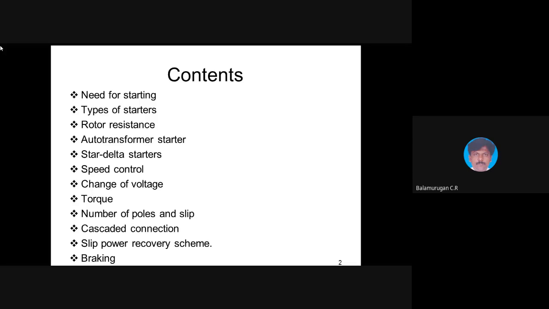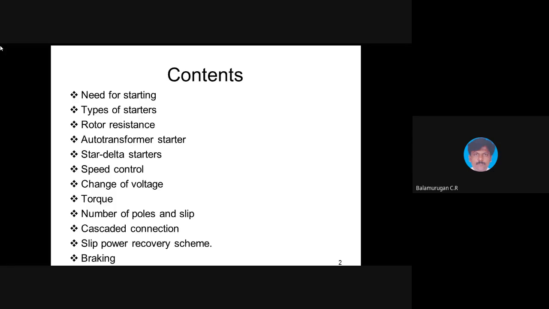So you have very low resistance in the rotor circuit. So the current will be 10 to 15 times the rated current if you try to start the machine without a starter, because of the low resistance in the rotor circuit.